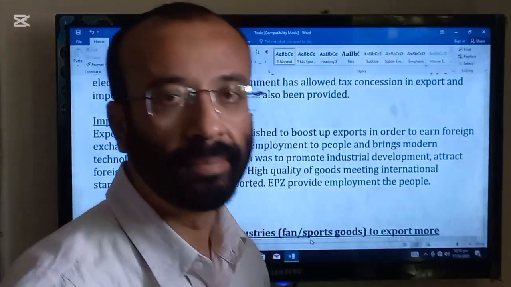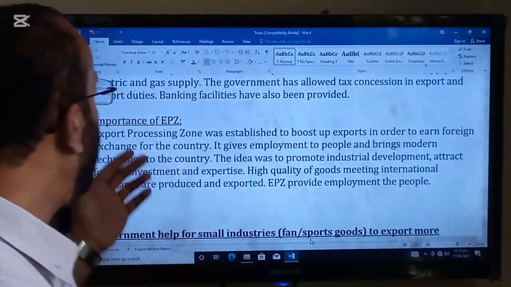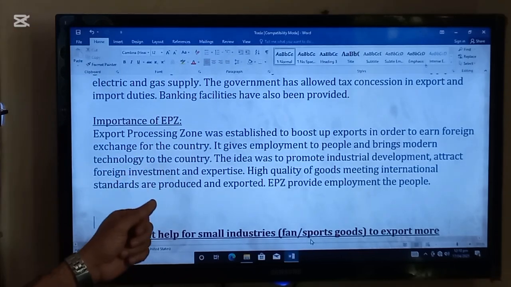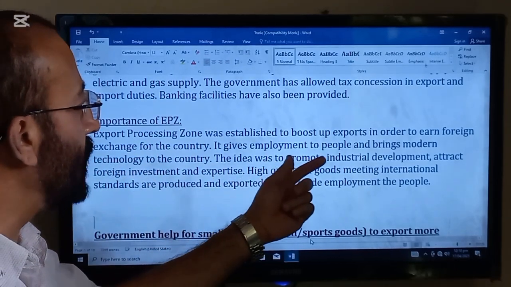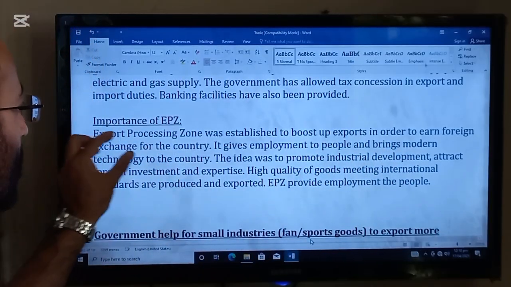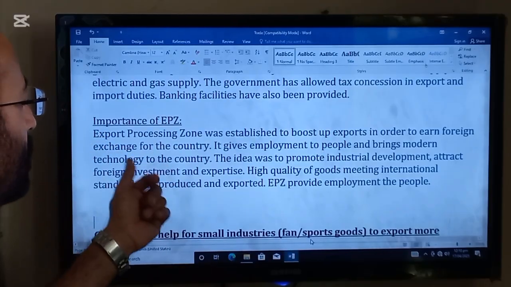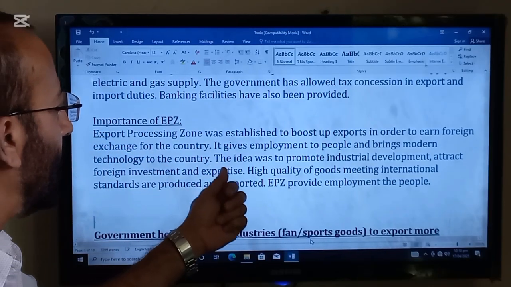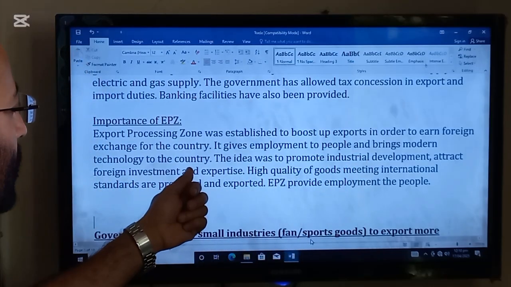The next point in the lecture is the importance of the export processing zone. The export processing zone was established to boost up exports in order to earn foreign exchange for the country. So this was the first point. Next, it gives employment to the people and brings modern technology to the country.